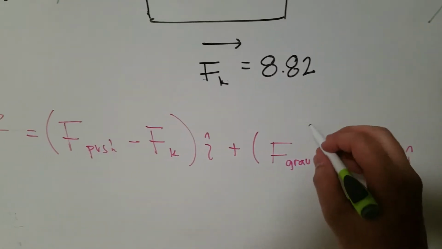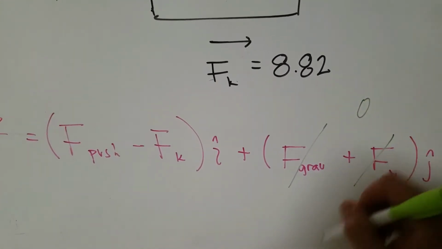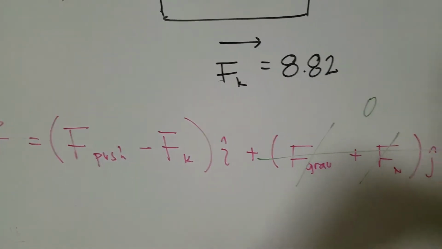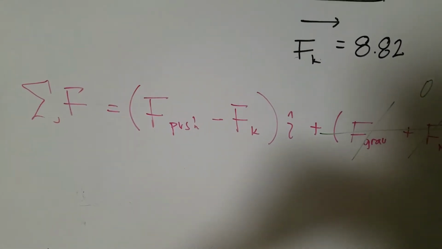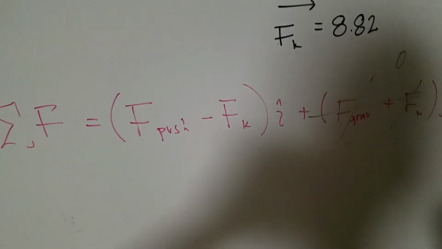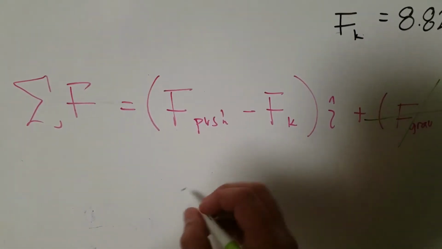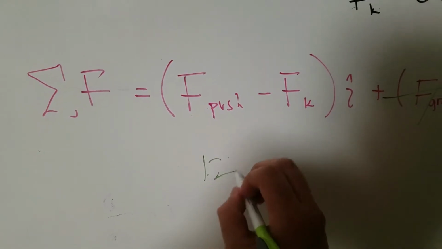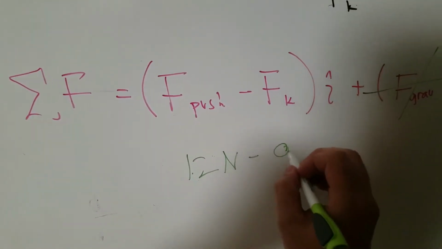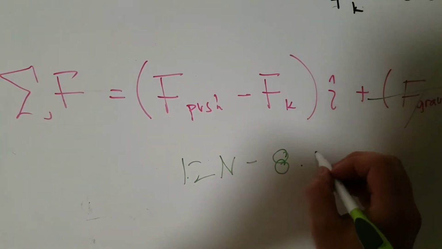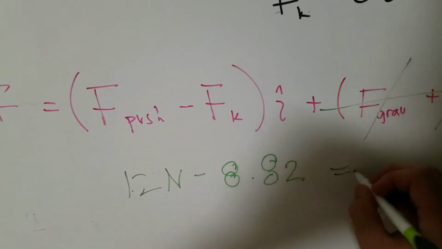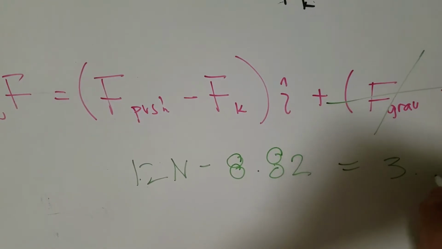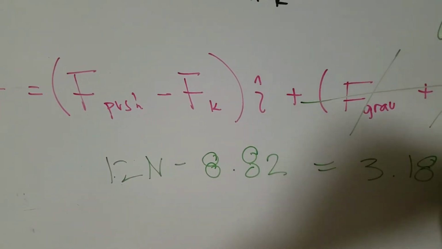But we already said that these go to 0, and so this whole thing just cancels out there, and we're simply just left with a force in the x direction. Now, we can simply calculate it. We have the push force, which is 12 newtons, and then we have the kinetic friction force, which was 8.82, and so that's going to come out to be 3.18 newtons of force.